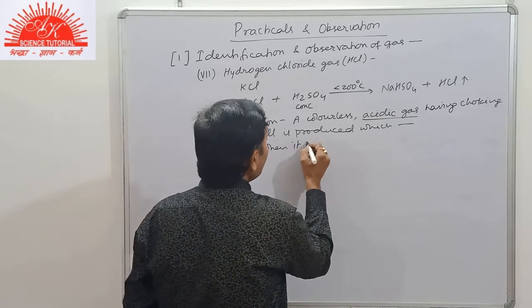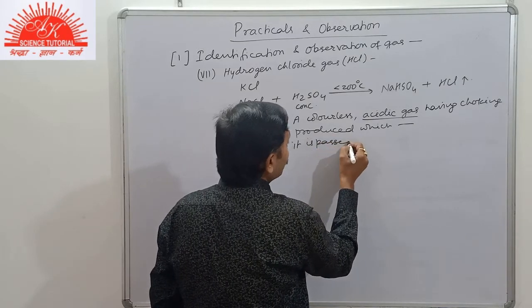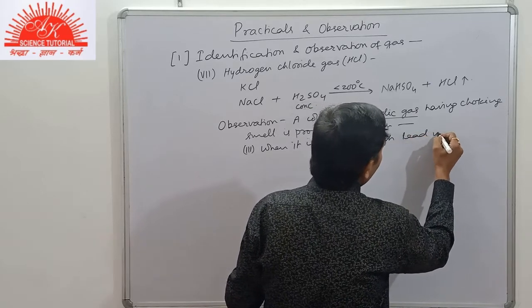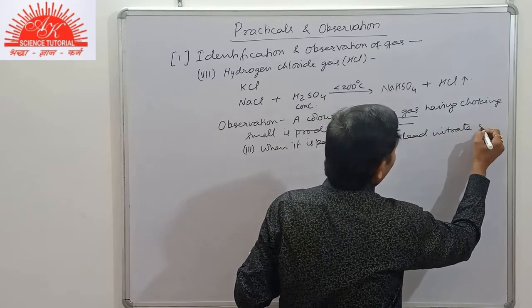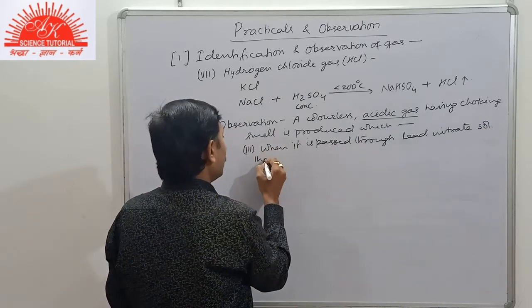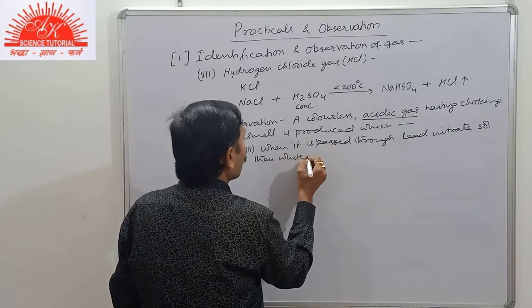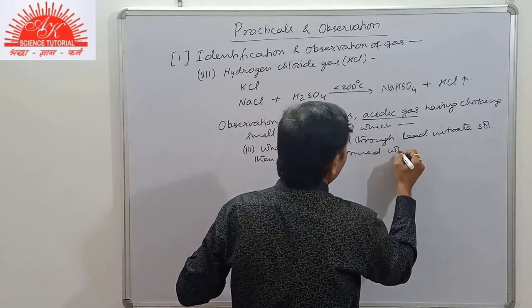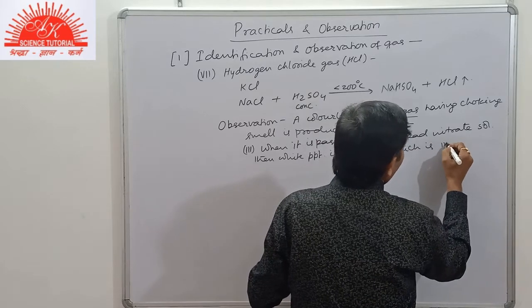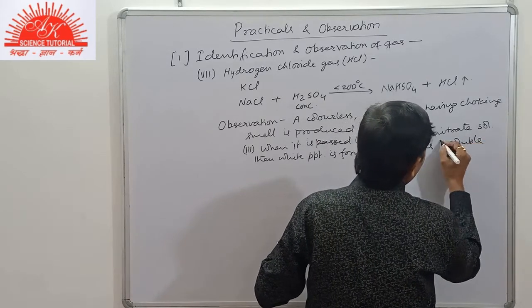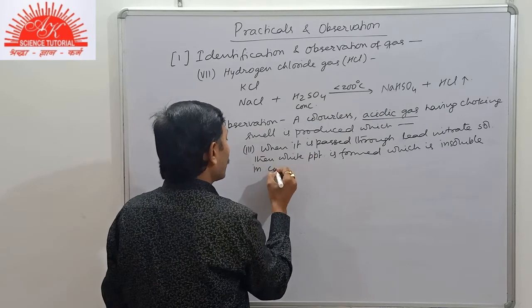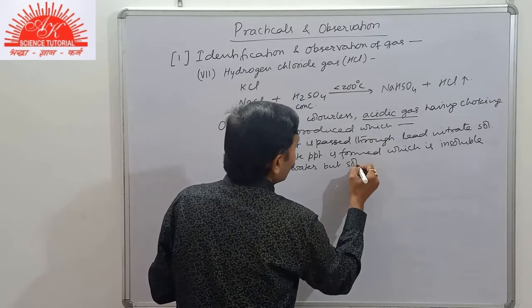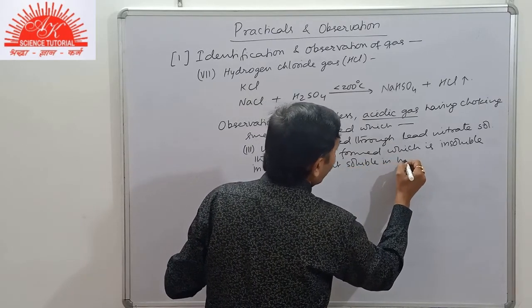When it is passed through lead nitrate solution, then a white precipitate is formed, which is insoluble in cold water but soluble in hot water.